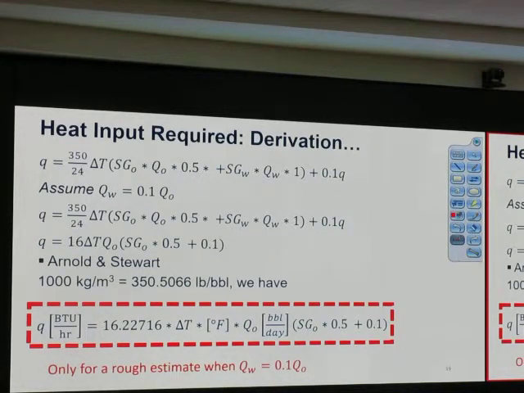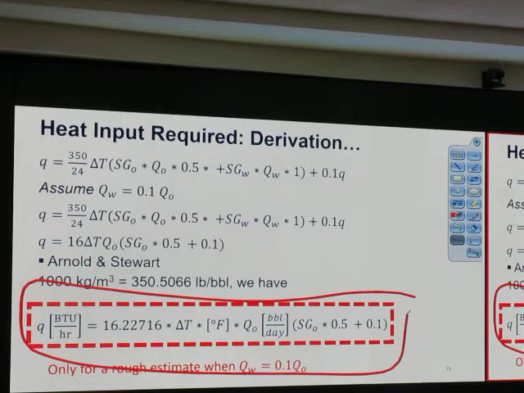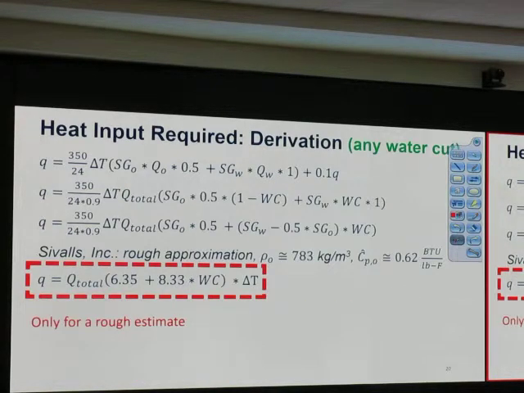If we have 10% of water, that is the equation. If we have any kind of water cut, that is another equation. So we have 4 equations. Most likely, you will use those. Good? And the 6.35 and 8.33 are constants. Constant.